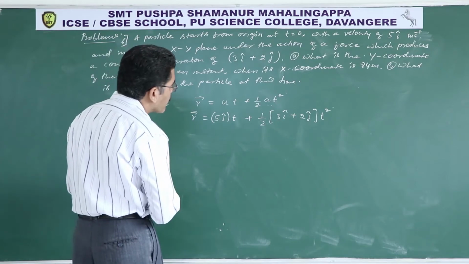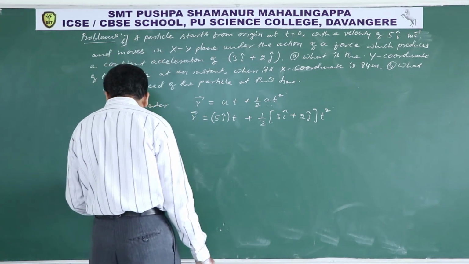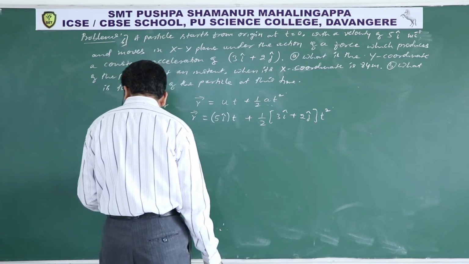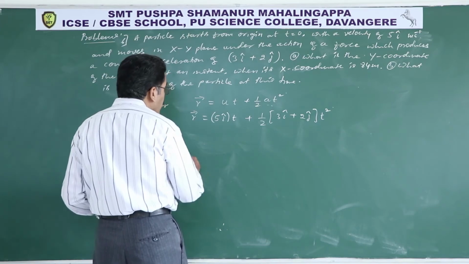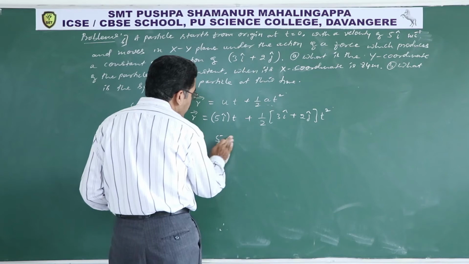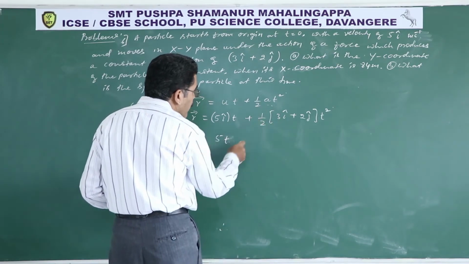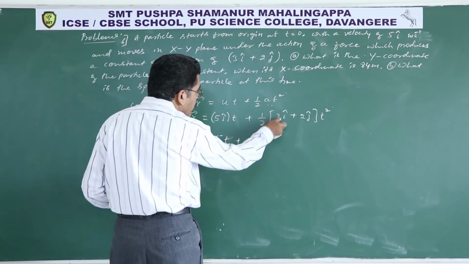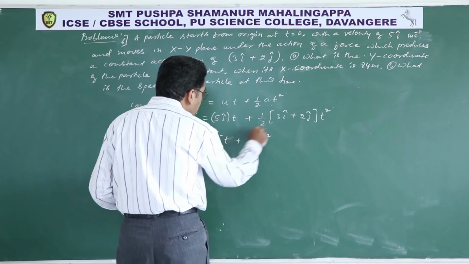Have you got my point? Now you just make rearrangement. So you are going to get r is equal to 5t plus 1.5 t square into i cap.